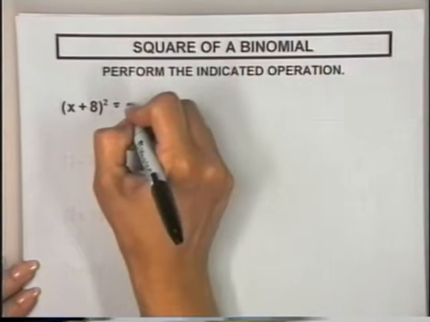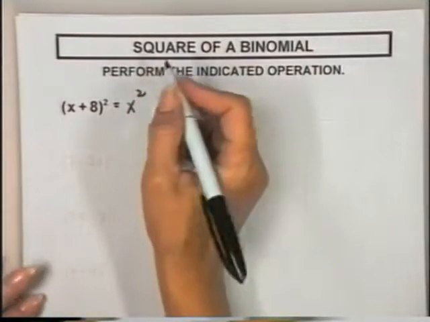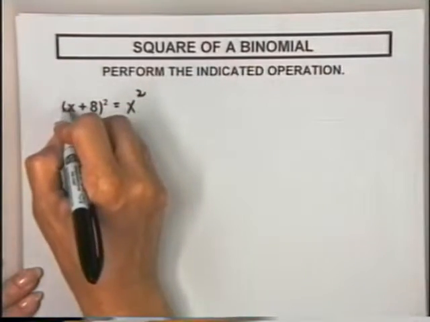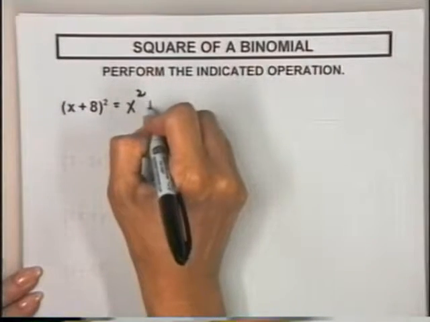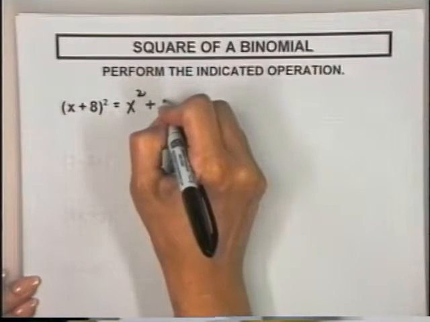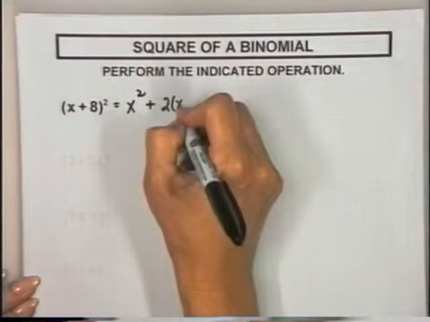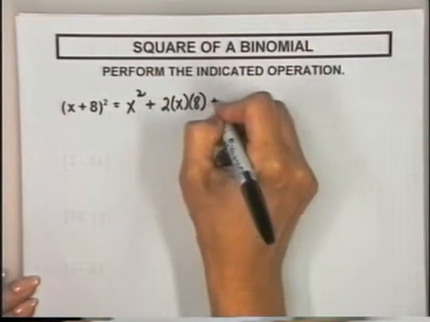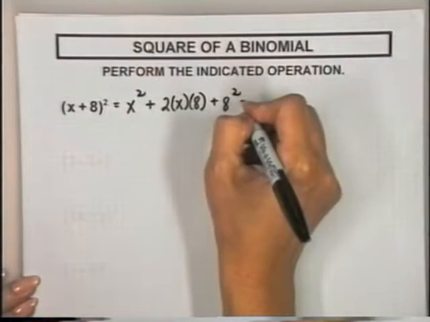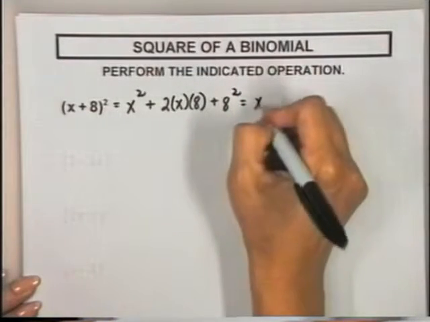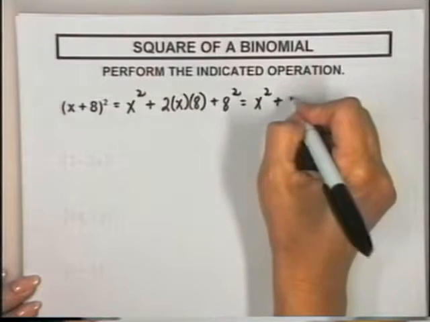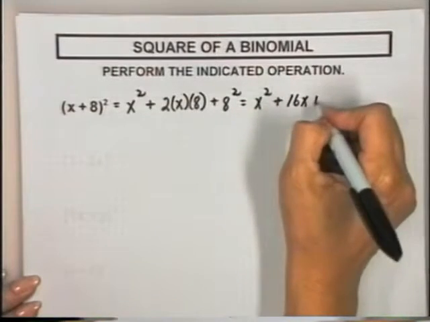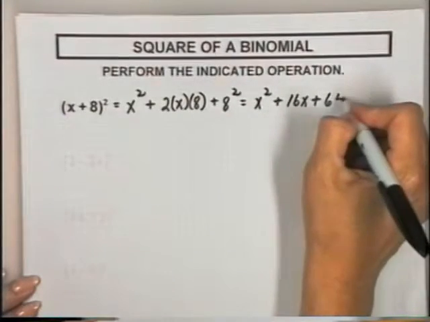We will square the first term, x squared. Let's get the sign of the middle term. A positive times a positive will give us a positive. We want to say 2 times the first term x times the second term 8, and last we want to square the 8. The result is x squared plus 16x plus 64.